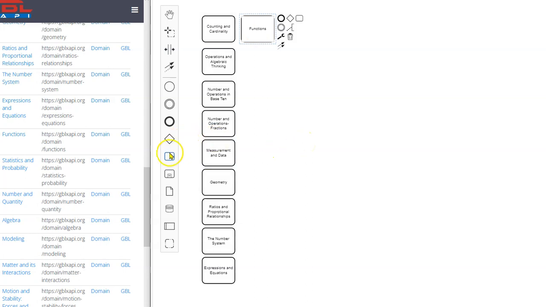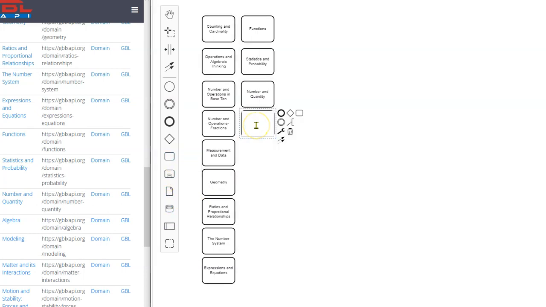Functions. Statistics and probability. Number and quantity. Algebra. Modeling.